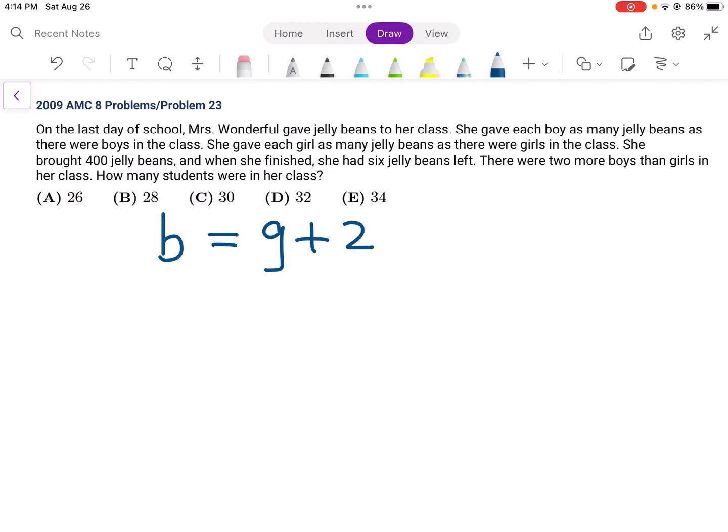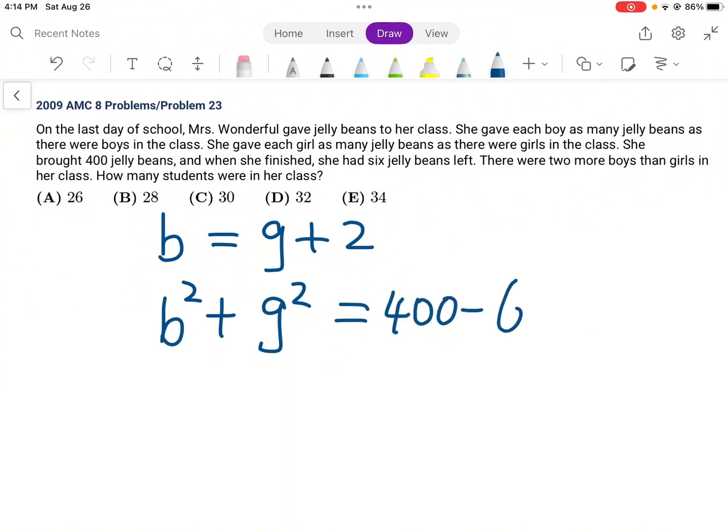Because Mrs. Wonderful gave each boy as many jelly beans as there were boys in the class, that's B squared, plus she gave each girl as many jelly beans as there were girls in the class, that's plus G squared. It equals 400, subtract the 6 jelly beans left.